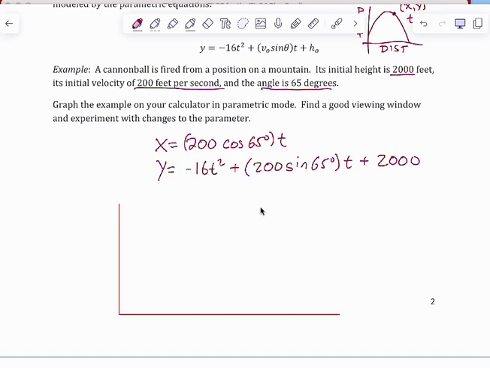So you can draw 2 axes and you can label this height. And this would be the horizontal distance.